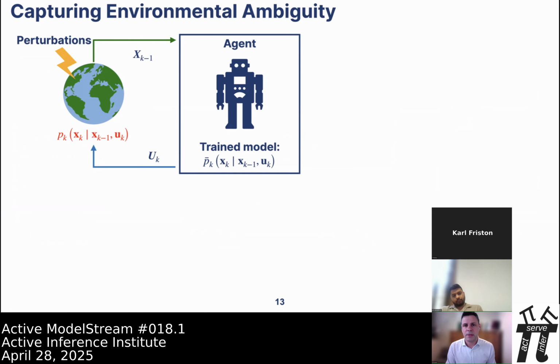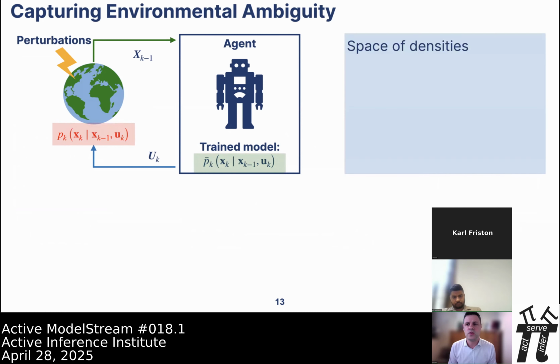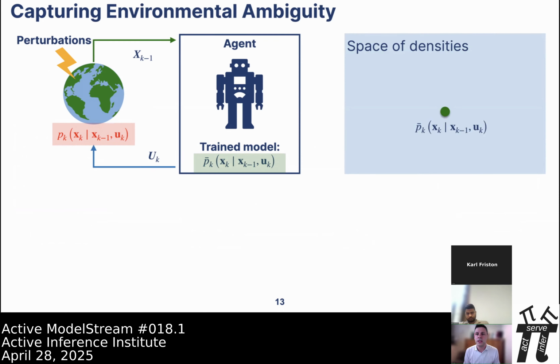We can make an abstraction step, and look at these objects in the space of densities. Now these two objects are just two points in the space of densities. Let's say P bar is the training model, the nominal model that the agent has available, and P is a different point in this space. We are interested in protecting the decisions of the agent against all possible perturbations in this space that are in a suitably defined set.